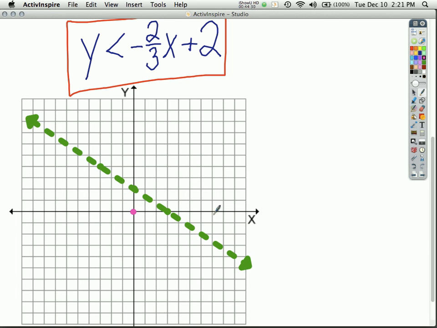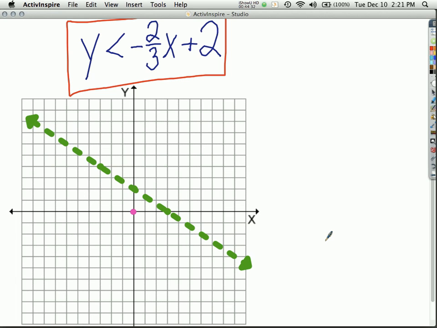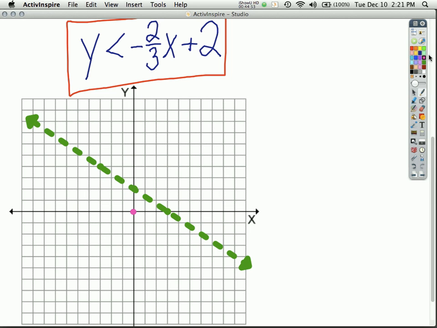If that point is a solution, then that means that all of these are solutions and that we need to shade this whole area. If it's not a solution, that means that all the solutions are up here and we need to shade up here. So now we're going to do the test. Here's the test.